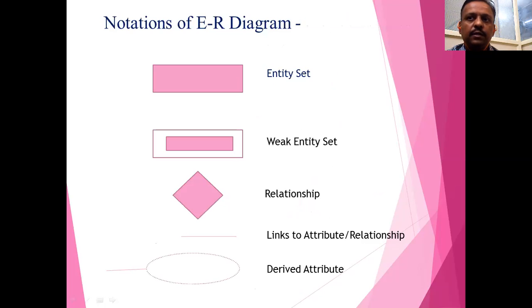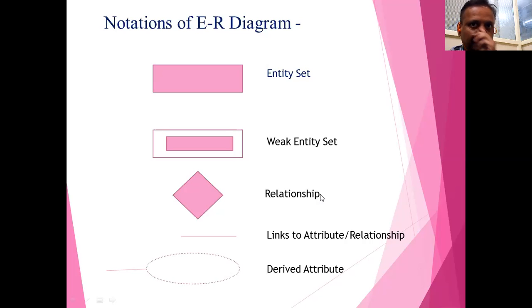Let us discuss some notations used in the ER diagram. The first notation is a rectangle. It is called the entity set. Then a rectangle within a rectangle, that is a weak entity set. Diamond, this is a relationship between entities.